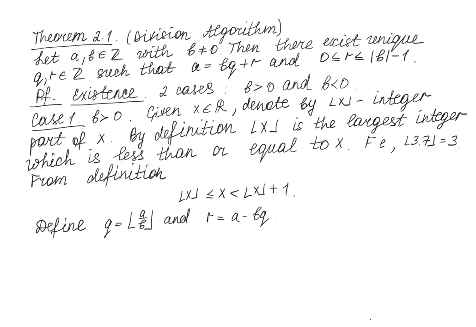Clearly q and r are both integers. Why? Because we defined q to be the integer part of a over b, and r equals a minus bq, so the product of two integers gives us an integer, and then when we subtract two integers, we again get an integer. So r is also an integer number.